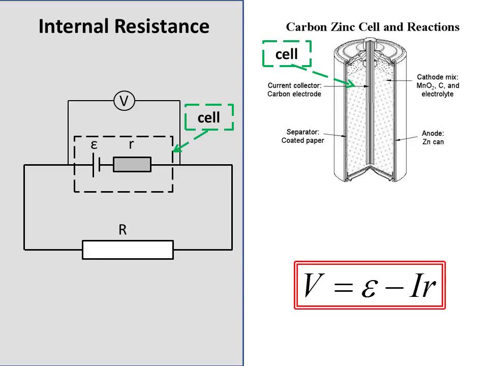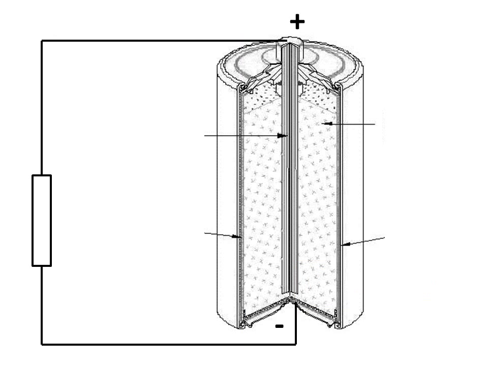Okay, and this here is actually a diagram of an actual carbon zinc cell. What you might find is an AA battery, or a C or a D battery, we call it, which is actually a cell. Okay, so here's a closer up look at this cell, and we can see some important aspects of it here. This bit along the middle is the central electrode.